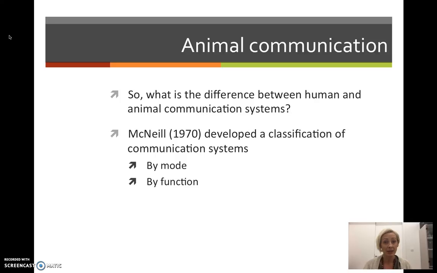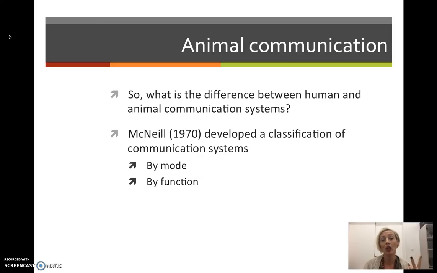And an American psychologist and researcher, David McNeil, was researching this very question, and he came up with a way of describing or classifying communication systems according to two criteria. First of all, mode, meaning the way that signals are organized in a communication system.